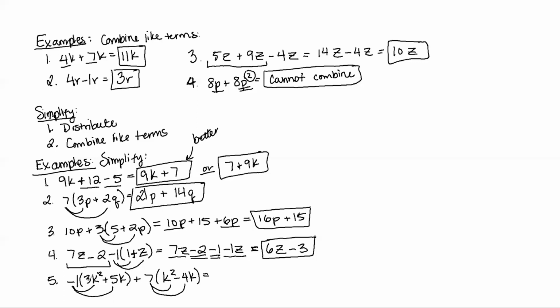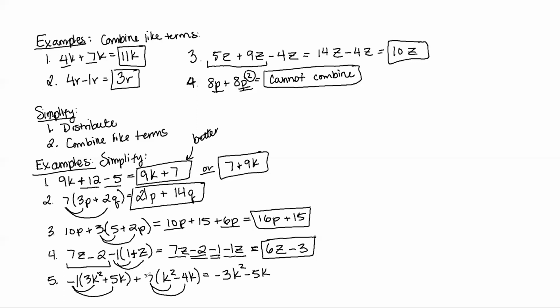So negative 1 times 3 is negative 3k squared. Negative 1 times 5 is negative 5, has a k with it. And now again, this plus sign just tells us that we're just going to be adding on these terms, but it still depends on the sign.